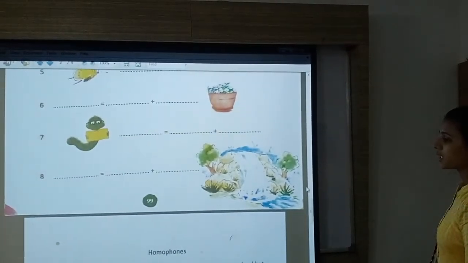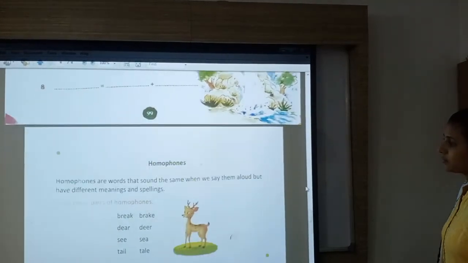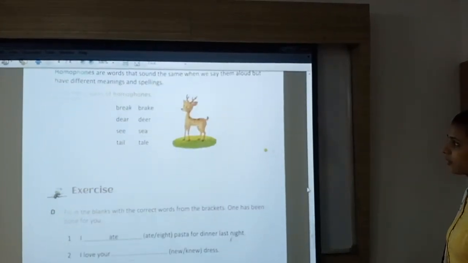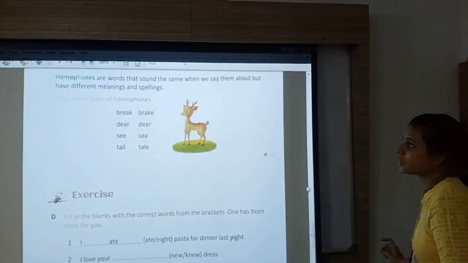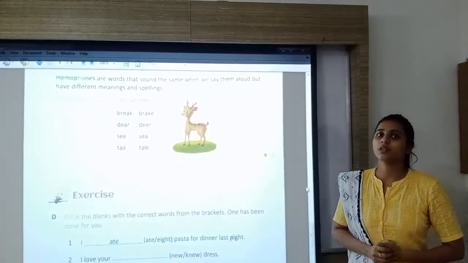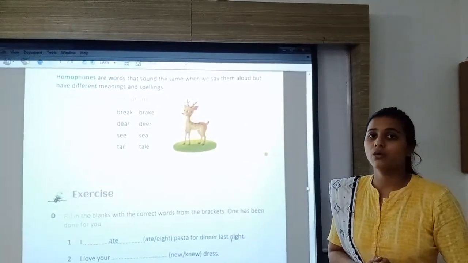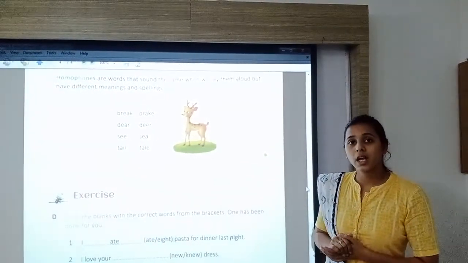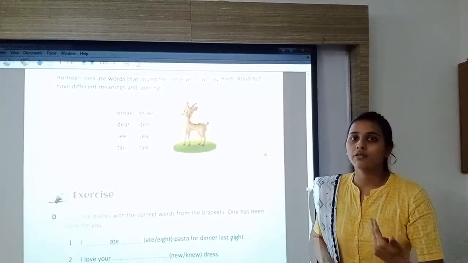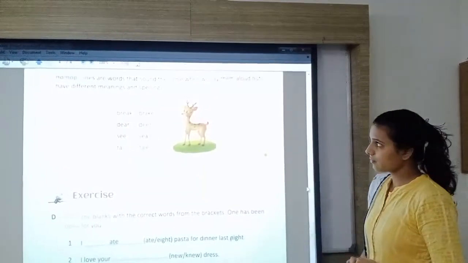Now we are going to start the new topic, that is homophones. What are homophones? This is a confusing word. When two or more words sound similar but have different spelling and different meaning, that is known as homophones.